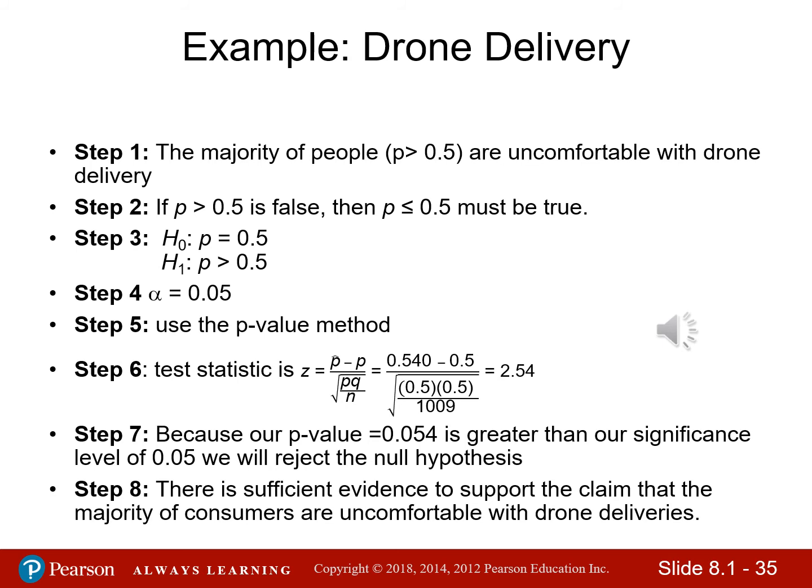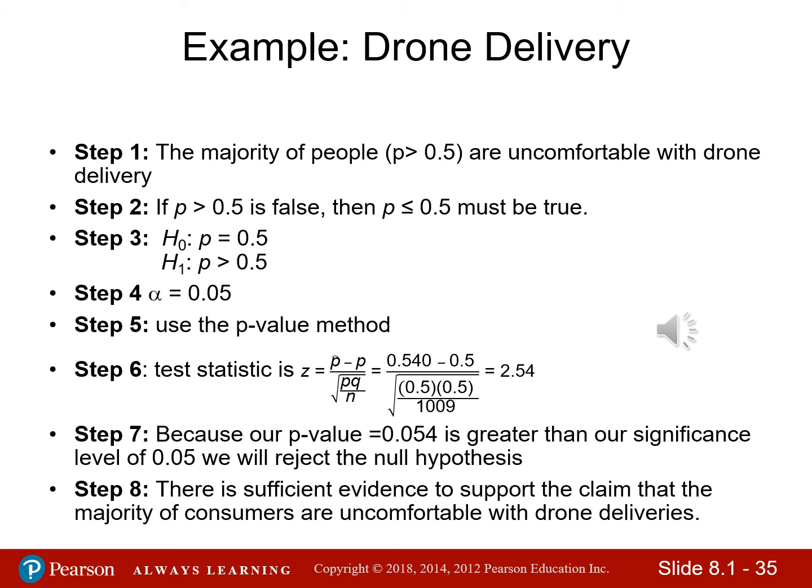2.54. So what we have is a right-tailed test with a test statistic z equals 2.54 and has a p-value of 0.0054. So in step 7, we make our decision to either reject or fail to reject our null hypothesis.